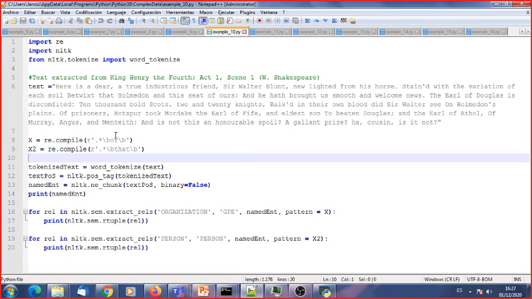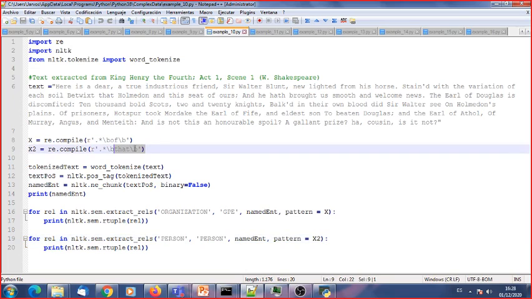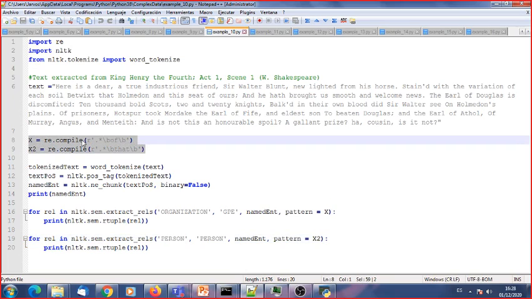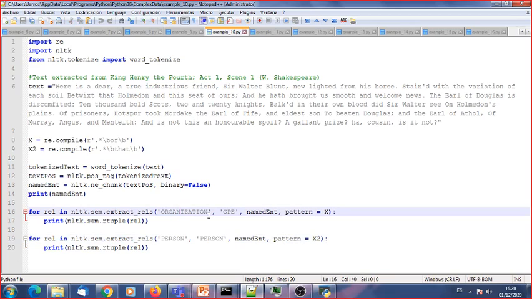So this is the final step of our pipeline, and here we are going to extract relations from the text. For example, we want to extract the relation between an organization and a political entity, and the relation between two persons. We use this regular expression: we say that the organization is related with the "of" relationship, and two persons are related with the relation "that".